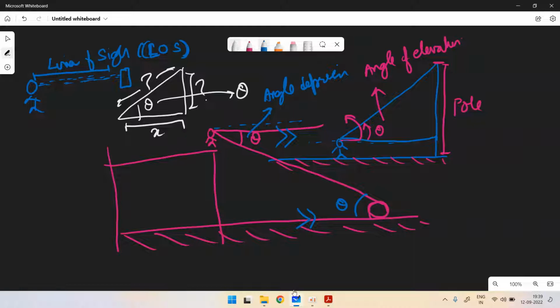So let me take some examples. My own examples, not from the book. Suppose there is a person of height h1 standing at a distance of 40 meters from a pole on the ground.